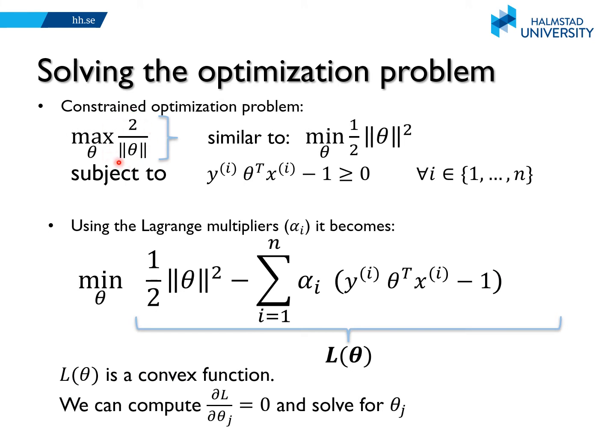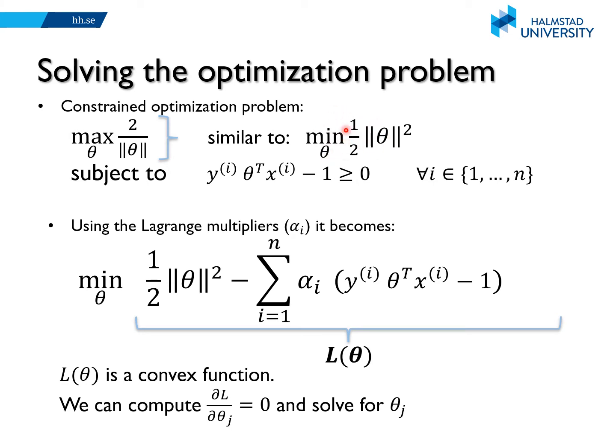So we want to maximize the margin. So we want to maximize 2 over the norm of theta. But maximizing this is actually the same as minimizing the norm of theta. So we can instead minimize the norm of theta. And since the norm of theta is positive, we can actually minimize the norm of theta squared. It's usually easier. And we can also multiply by 1 over 2, because minimizing a function is the same as minimizing some constant times this function.